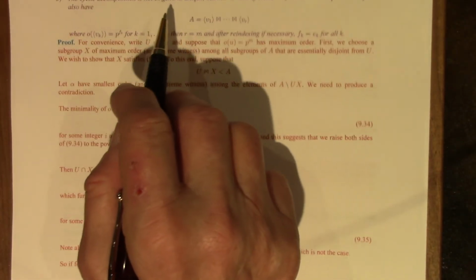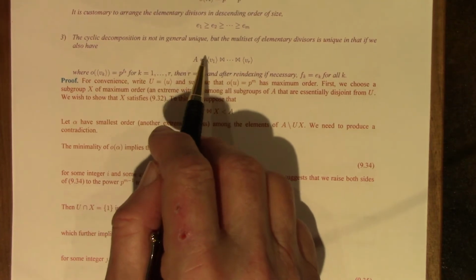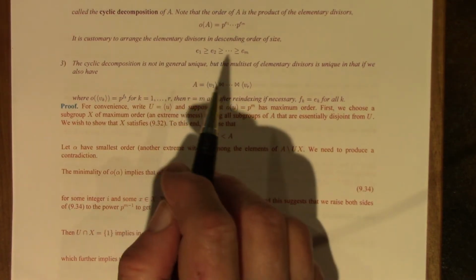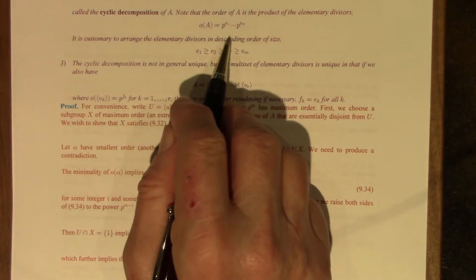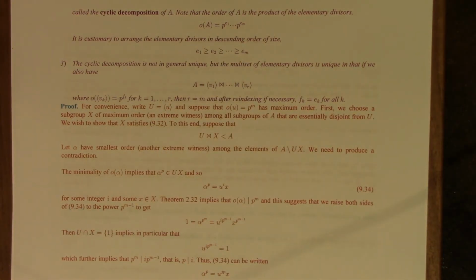Now, the cyclic decomposition, unlike the primary decomposition, is not unique. But the multiset of elementary divisors, and it is a multiset because, as I said, some of these elementary divisors may be equal, the multiset of elementary divisors is unique.